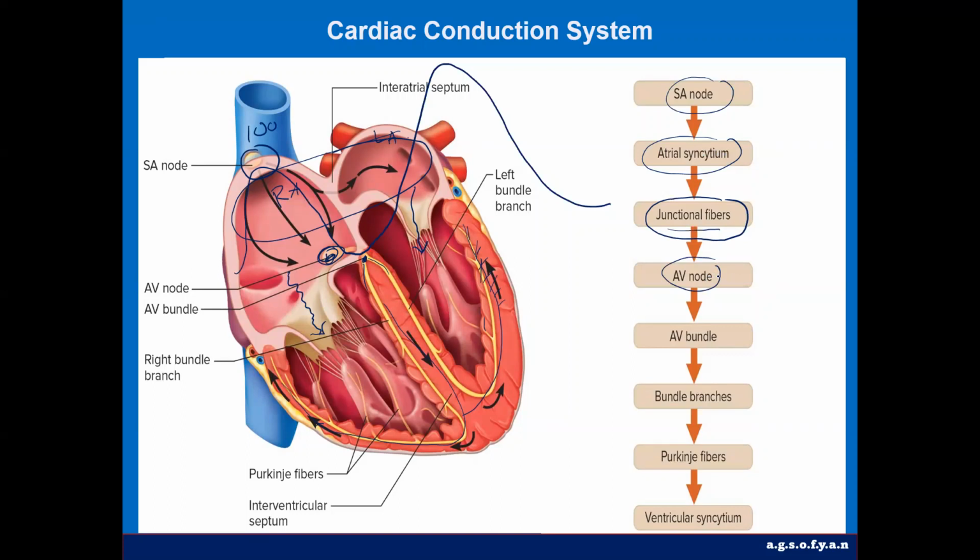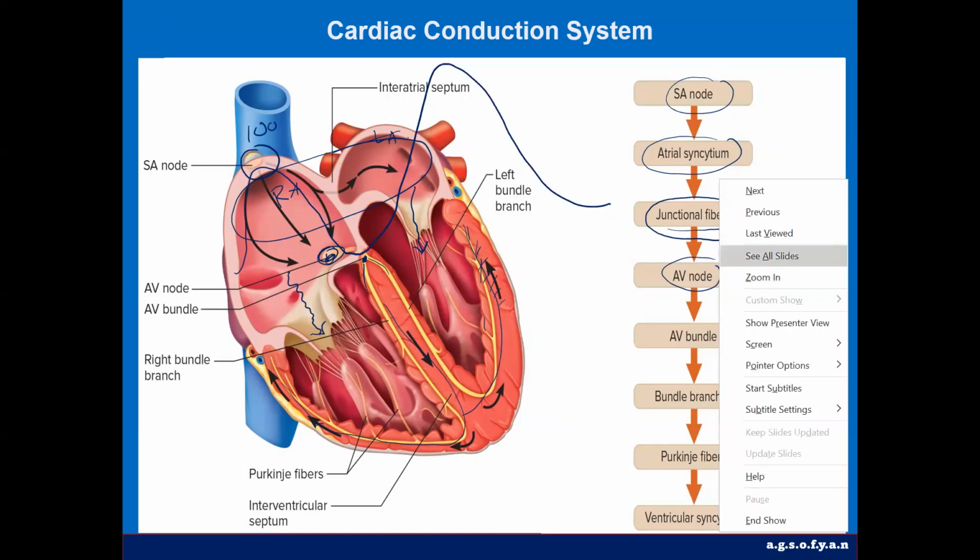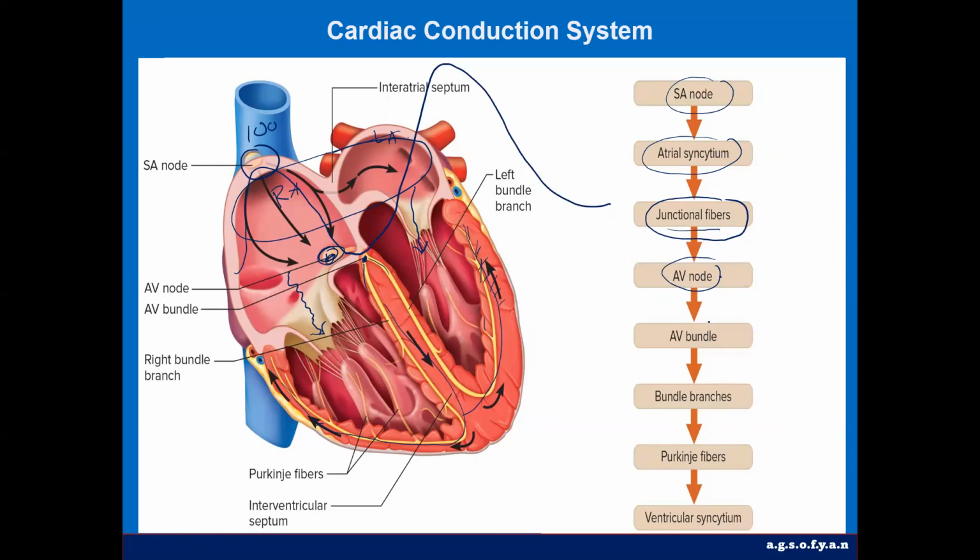And there will be a delay over here in the AV node. The impulse will be sent to the AV bundle, branching into the bundle branches, and then finally reach the Purkinje fiber, and then it's sent to the left and right ventricle. The ventricle then will be contracted.